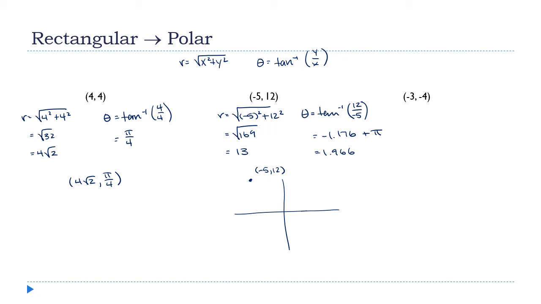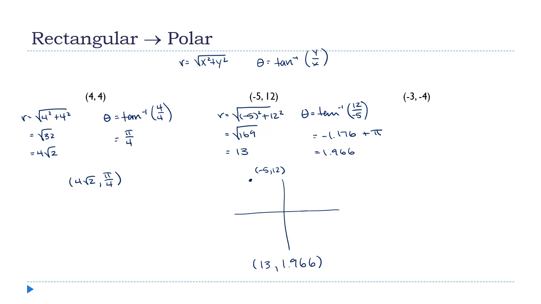Pi over 2 is half of 3.14, so it's 1.5 something, in that neighborhood, and pi is 3.14. 1.966 is between those two. So yeah, that is a second quadrant angle, which is what I needed. So my point is, to answer the question, 13, comma 1.966. Okay, so one more. You can try this one if you like. You can pause this and see what you can come up with.